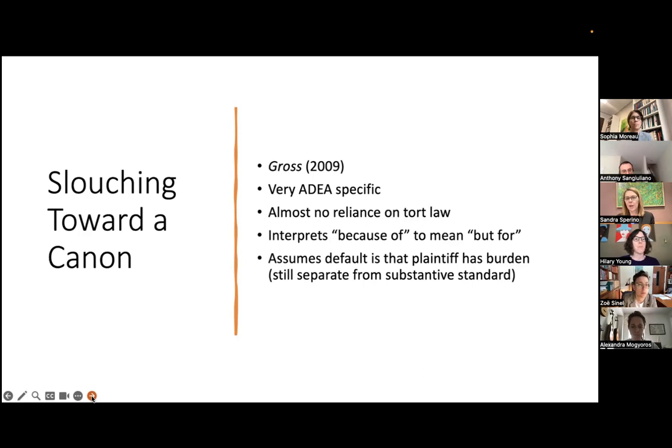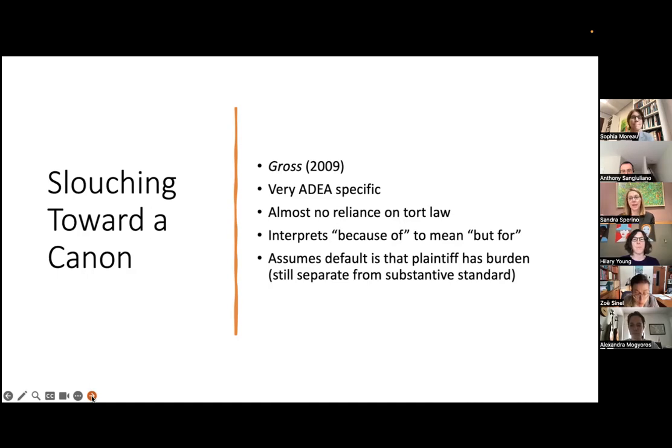So then we jump ahead to 2009, and the court is asked to take on basically the same issue in the age discrimination context. And I don't think that anyone would have read the Gross case as creating a canon. And I actually don't think that it even creates a canon.